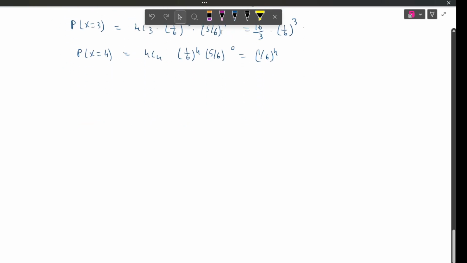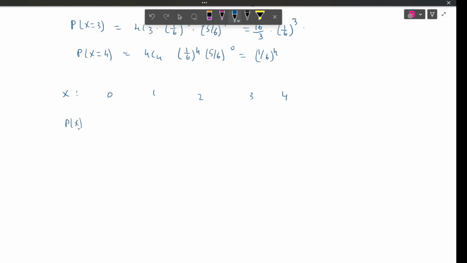So what would be the probability distribution table? This would be 0, 1, 2, 3 and 4. So P of x is 5 by 6 to the power 4. We have calculated all the values. This is 2 by 3 multiplied with 5 by 6 to the power 3.